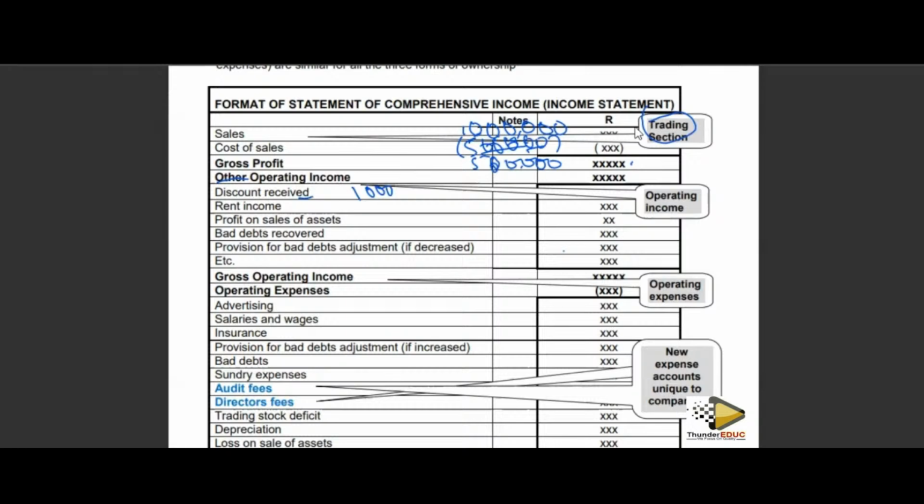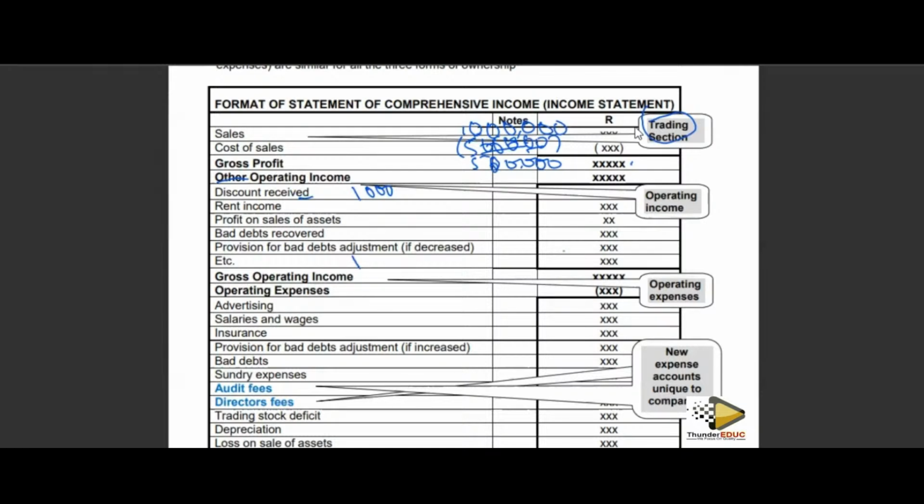Who is receiving this discount? Our business is receiving the discount. Remember I said that we have discount received and discount granted. Discount granted, we are granting it to our customers and it will reduce this figure, as we shall see when we do our questions.